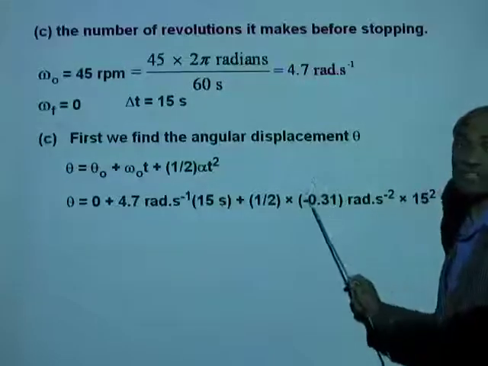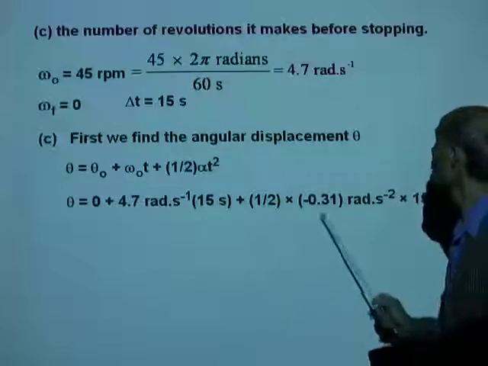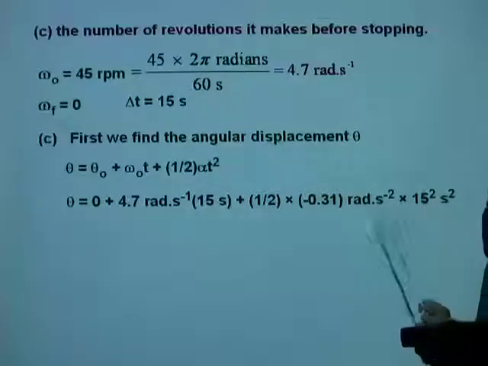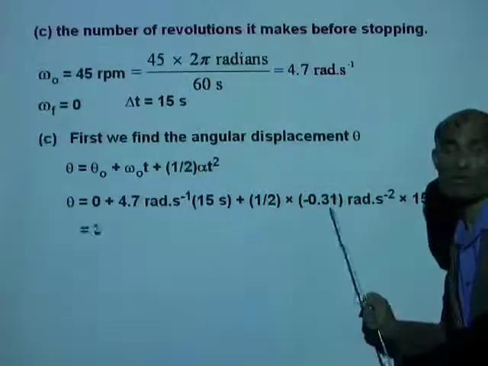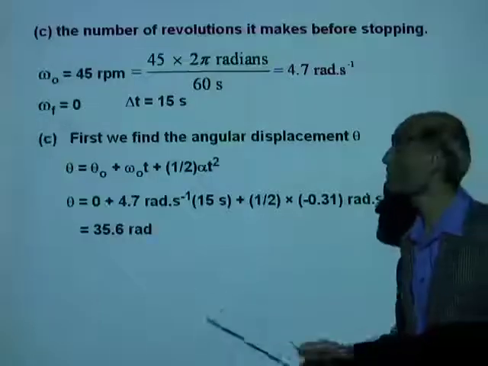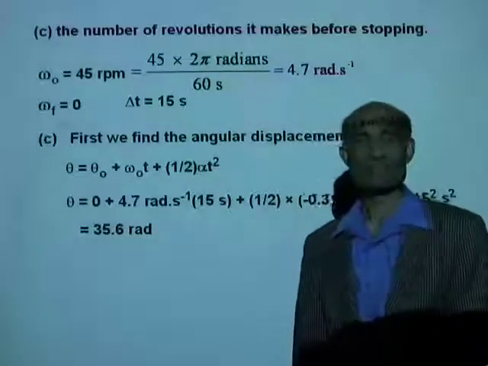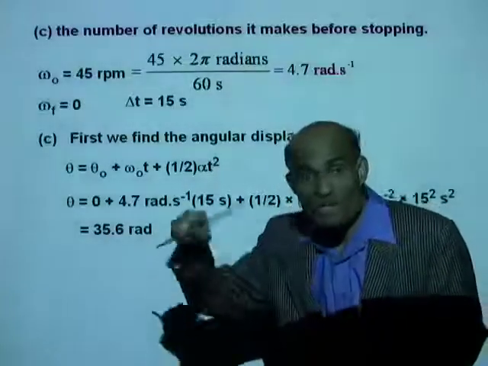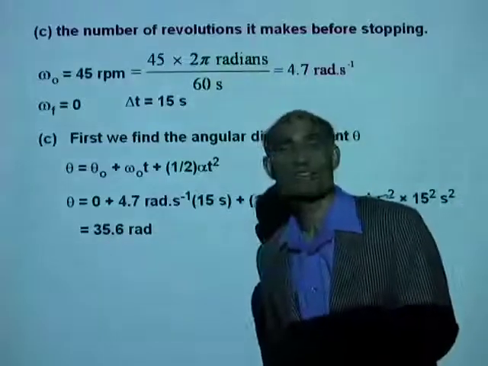We calculated the angular acceleration as negative 0.31 radian per second squared times t squared, which is 15 squared. Calculate this on your own on your calculator. That should give you 35.6 radians. The angular displacement of the disk in coming to a stop is 35.6 radians.